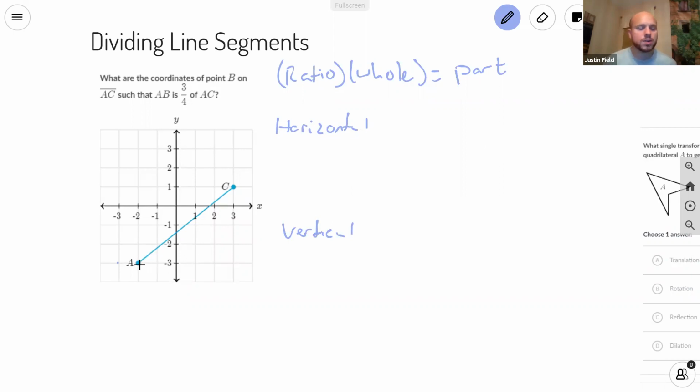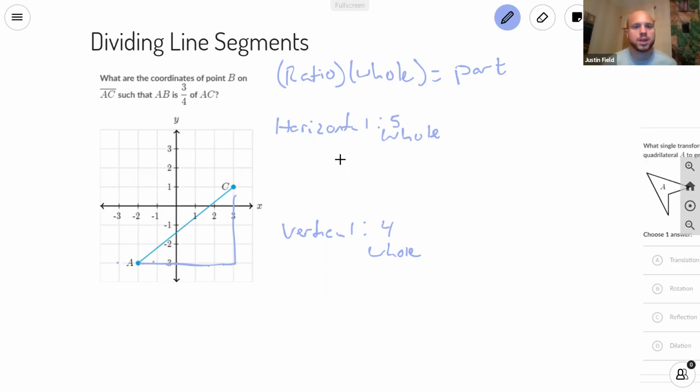Okay, so the horizontal distance from A to C is 1, 2, 3, 4, 5. And the vertical distance is 1, 2, 3, 4. Okay, so that is the whole distance, right? That's the whole way from A to C, horizontally and vertically.